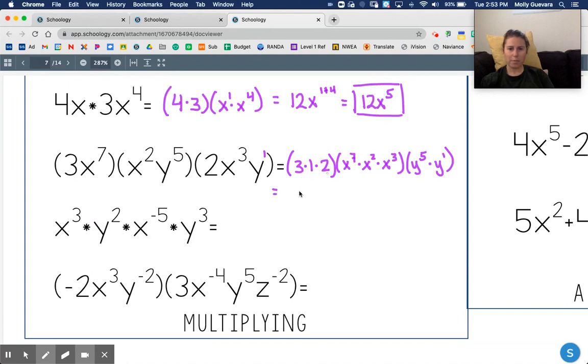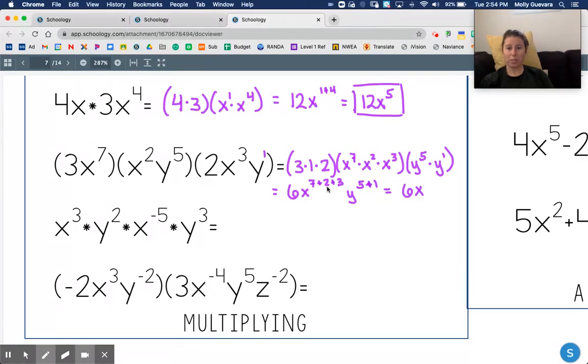Okay, so 3 times 1 times 2 is 6. Then I have x to the 7 plus 2 plus 3. And then y to the 5 plus 1. Which gets me 6.